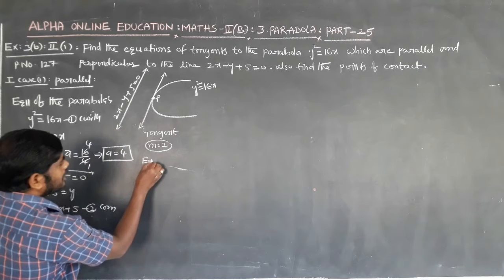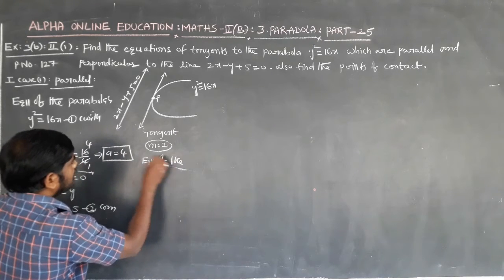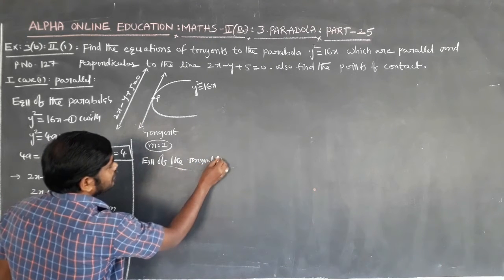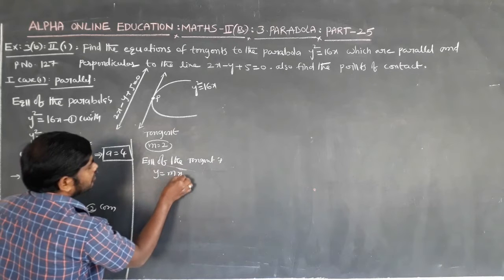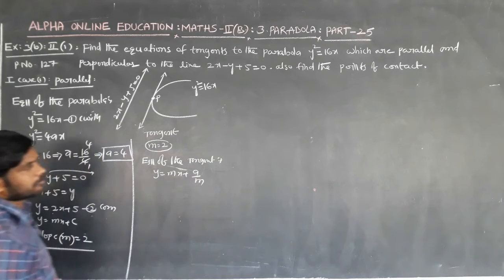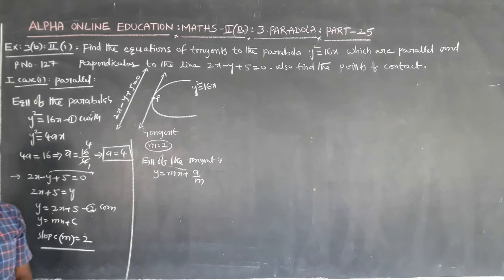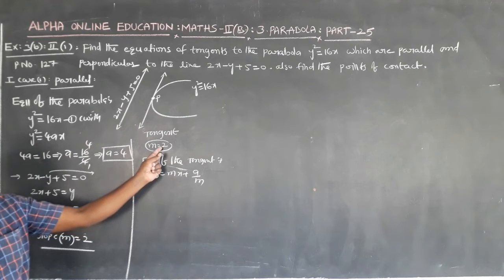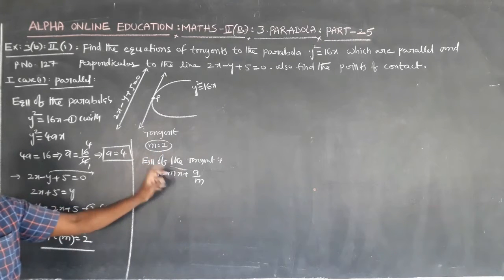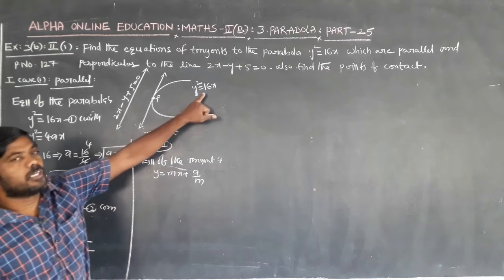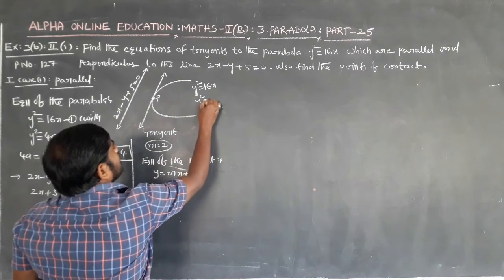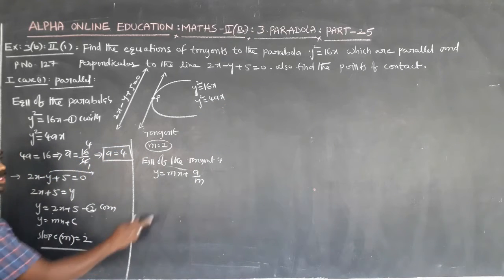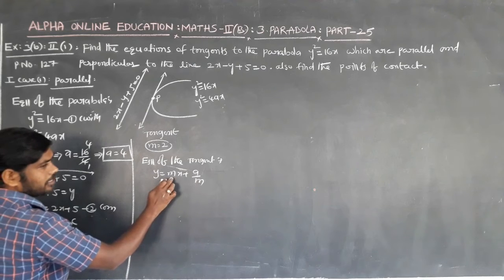So the equation of the tangent is y is equal to mx plus a by m. The equation of the tangent to the parabola y square is equal to 4ax having slope m is y is equal to mx plus a by m. Here find the m value.